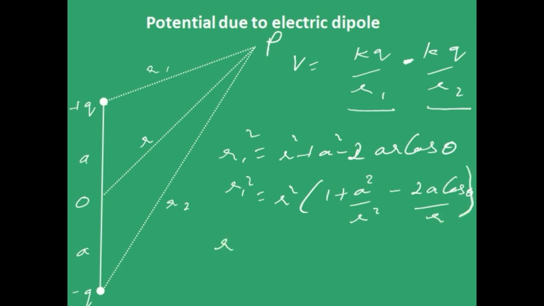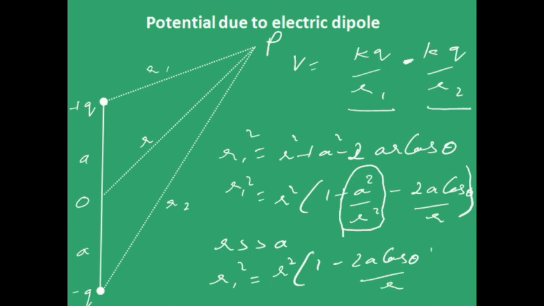If I assume that R is very much greater than A, I can neglect this term, right? So finally I'll get R1 square is equal to R square of 1 minus 2A cos theta by R. Now similarly, if I do the same thing for the other triangle OP and minus Q, just applying the cos rule, I'll get R2 square is equal to R square of 1 plus 2A cos theta by R. Well, everything is fine till now.